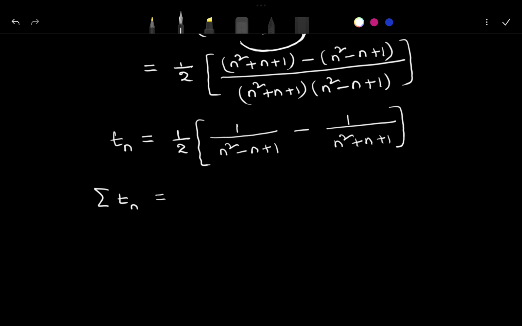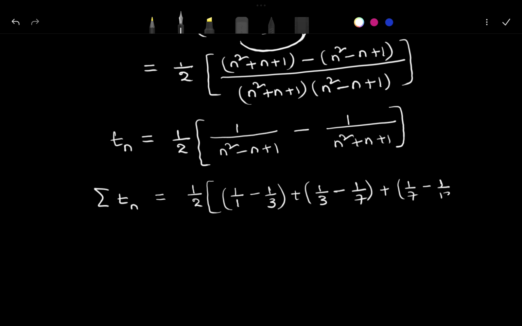Suppose you write t1, t2, t3 and so on. For n equals 1, you write 1/2 times (1/1 minus 1/3). Plus, for n equals 2, 1/2 times (1/3 minus 1/7). Plus, for n equals 3, 1/2 times (1/7 minus 1/13), since 9 plus 7 is 16... the value is 13.